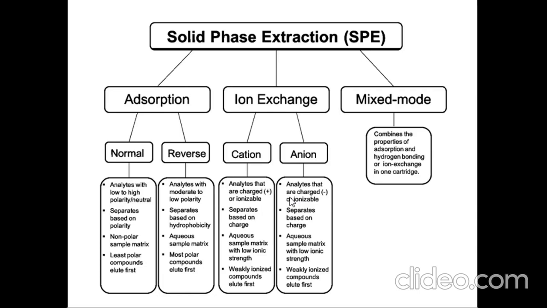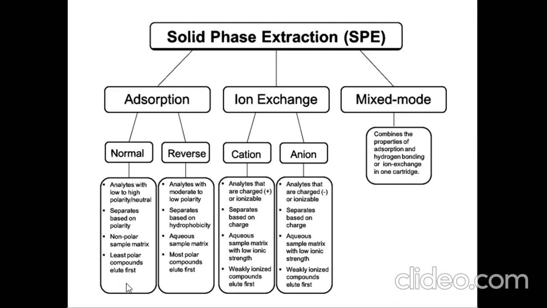So what is happening in normal phase adsorption solid extraction? Here the analytes with low to high polarity are separated, and the separation principle is based on polarity, and the adsorbent is polar, and the least polar compounds elute first.